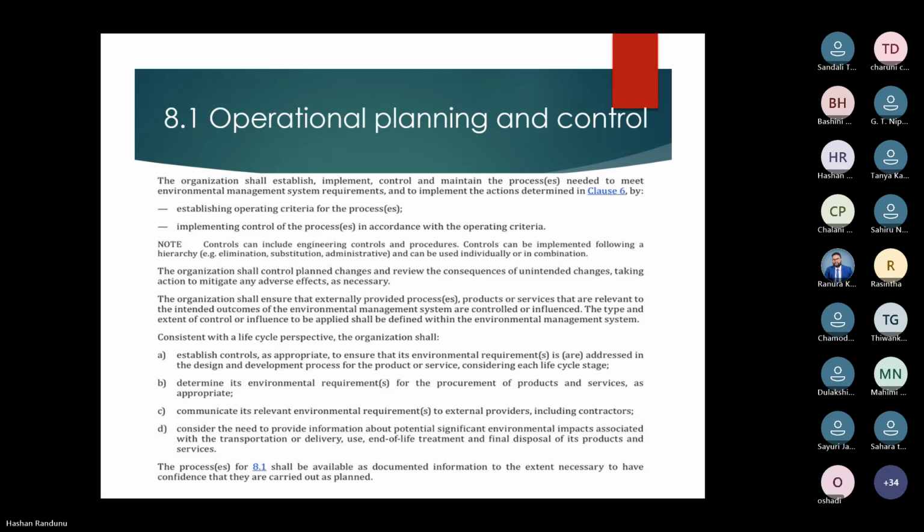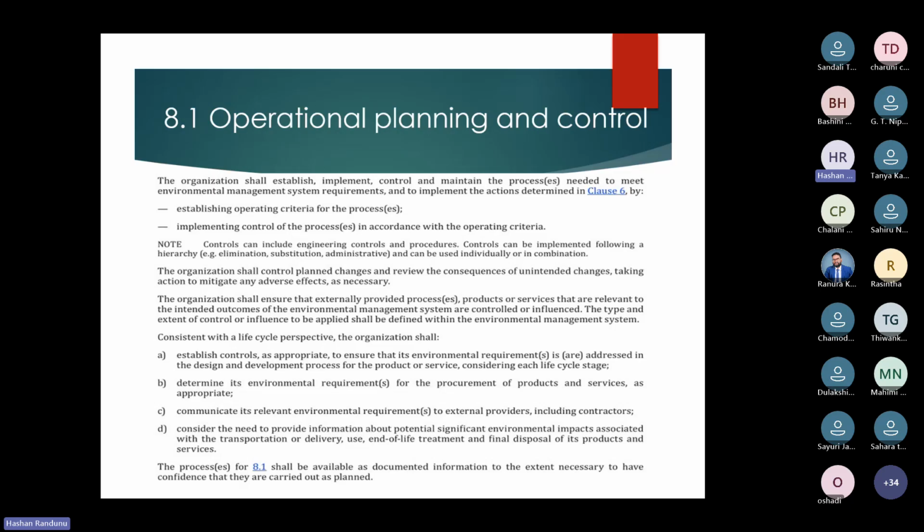So then you can implement controls to minimize the significance of the environmental aspect. If you consider the emission from a boiler that has no scrubber system as a significant environmental aspect, then you can implement a scrubber system to remove particles and ash from the emitted gas. Those kinds of actions you can take.